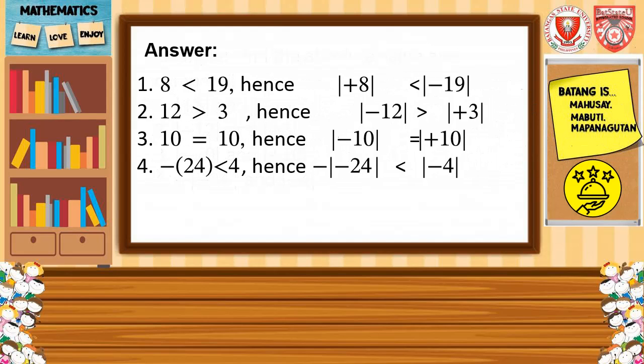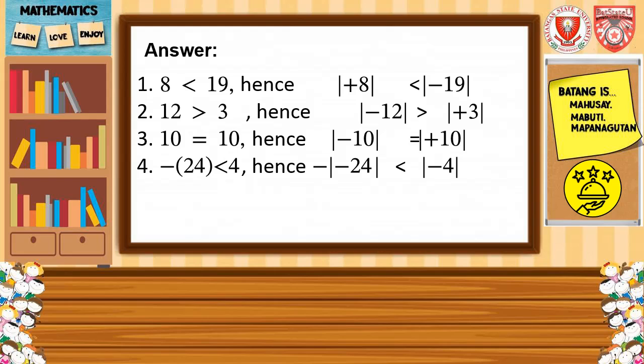8 is less than 19. Therefore, the absolute value of +8 is less than the absolute value of -19. 12 is greater than 3. Therefore, the absolute value of -12 is greater than the absolute value of +3. 10 is equal to 10.